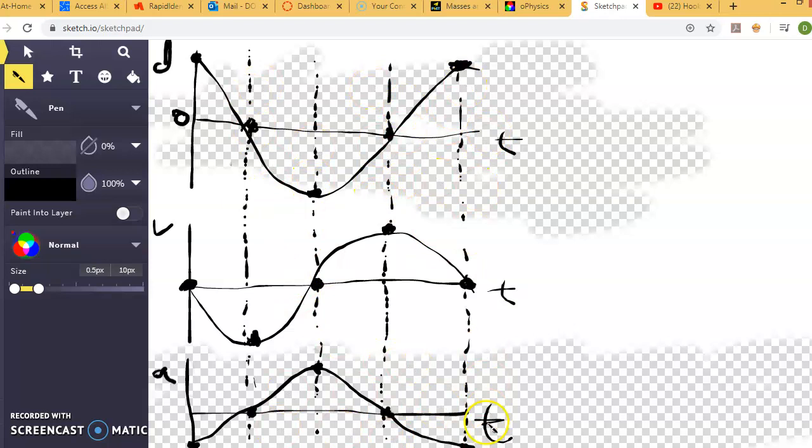So what I like about this is if I line up these graphs, I know what's going on in each moment in time. Now a lot of times what people will do is say that here, here, and here are all at 0. This dot and this dot are at pi divided by 2.